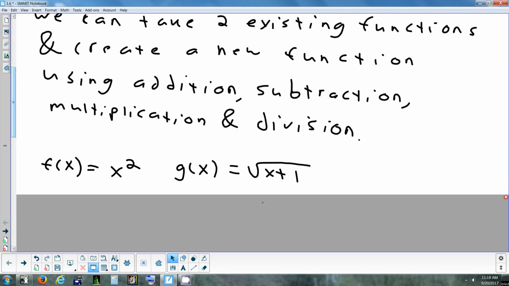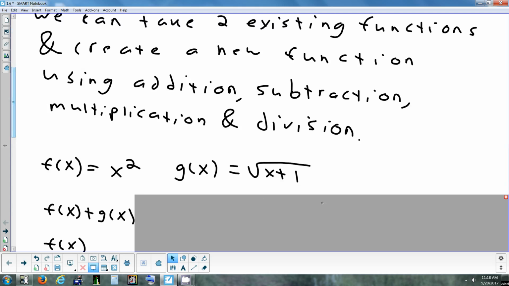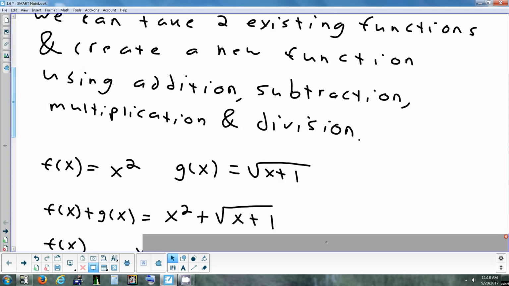All right, so here's two different functions. Okay, f of x is x squared, and g of x is the square root of x plus 1. If I wanted to take f of x and g of x, combine them together to create something new, one way I can do that is with addition. I can literally just take x squared and add it to the square root of x plus 1, and now I've created a new function.